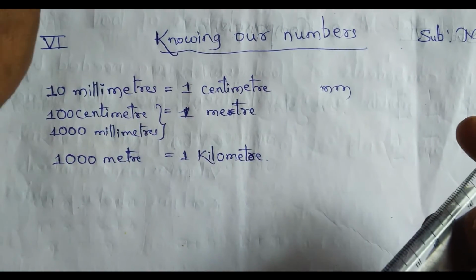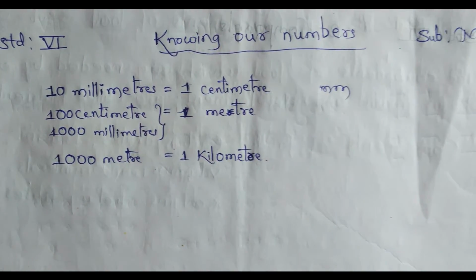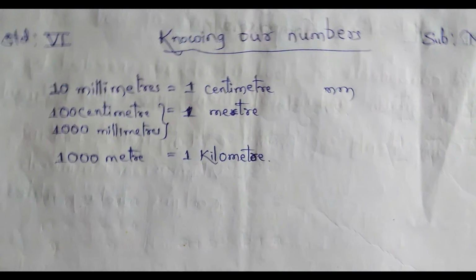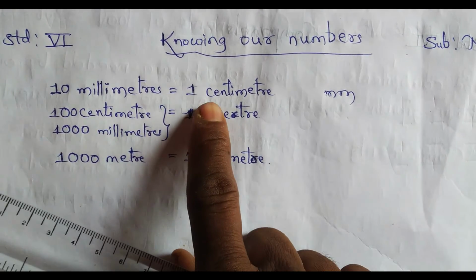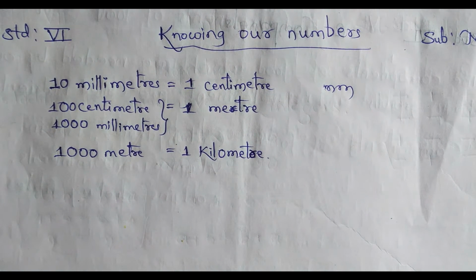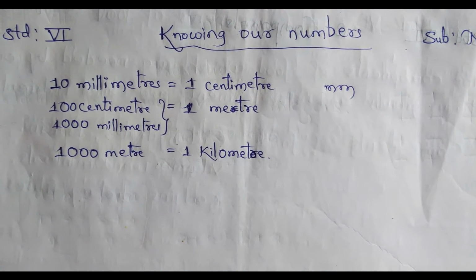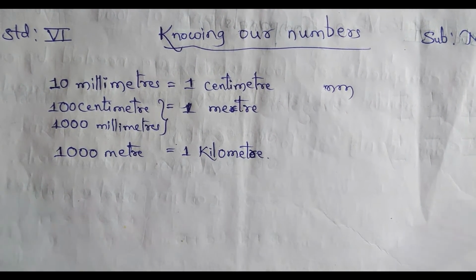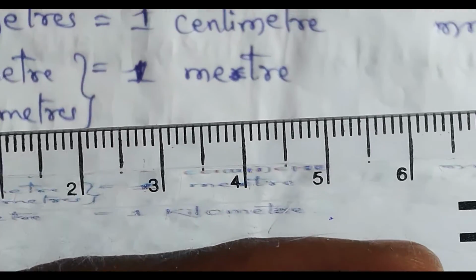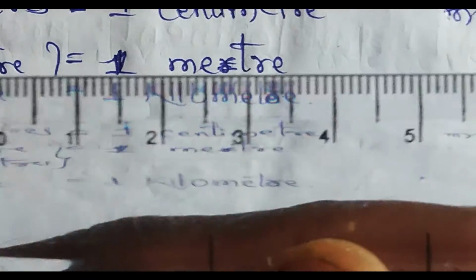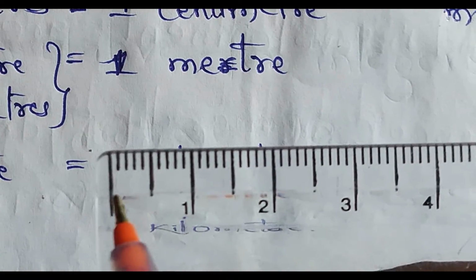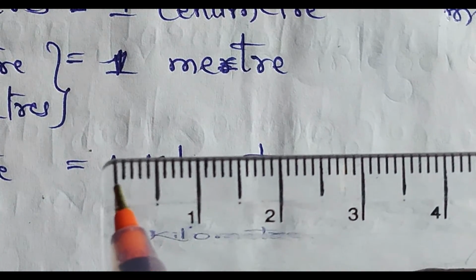Like this, if we are measuring small things, we use millimeter or we can use the centimeter. What is millimeter? See here, I will zoom the camera and show you clearly. Children, see carefully here. Small lines are there in between.